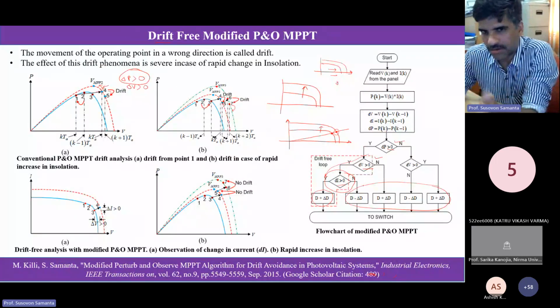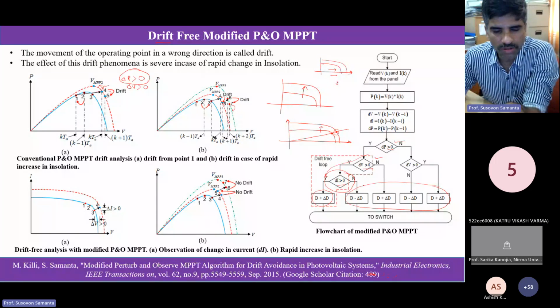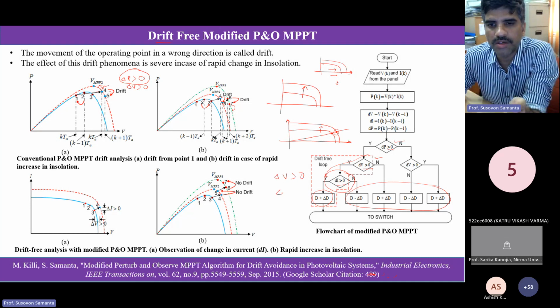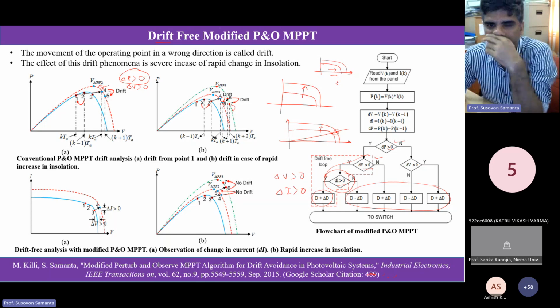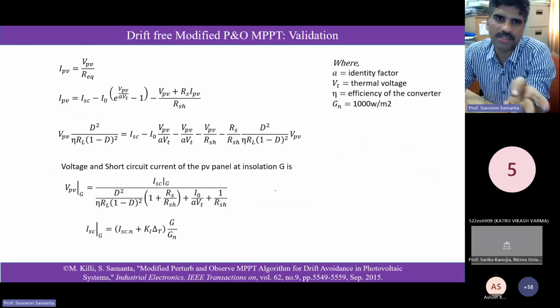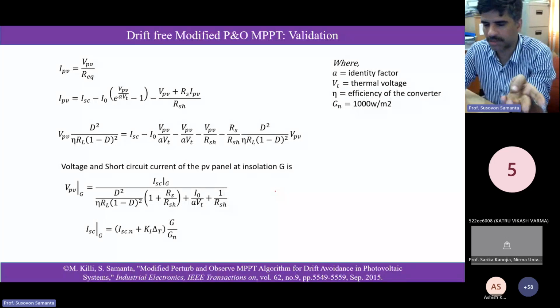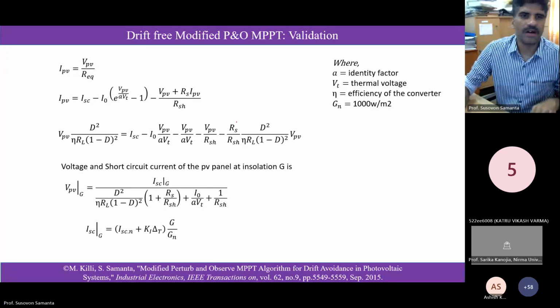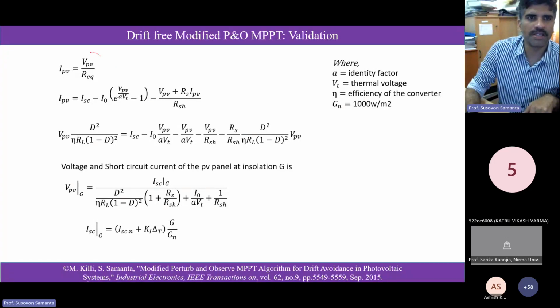Now you can also theoretically prove that when there is an increase in insolation, your delta V is greater than 0 as well as your delta I is greater than 0. That is proven by using some equations. So I_PV is equal to V_PV by R equivalent.